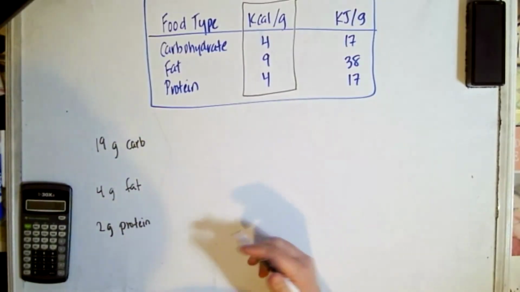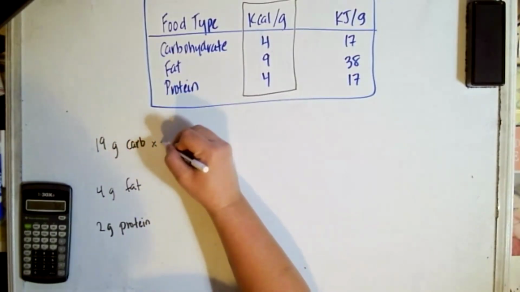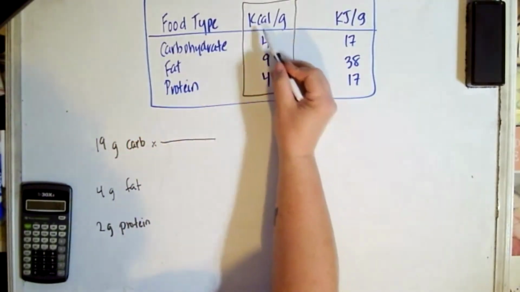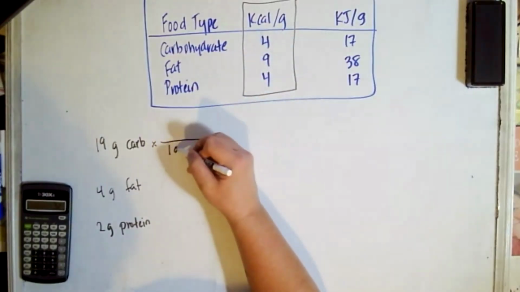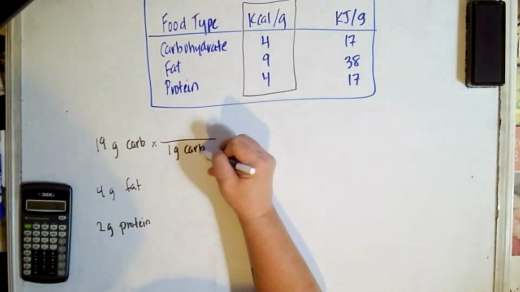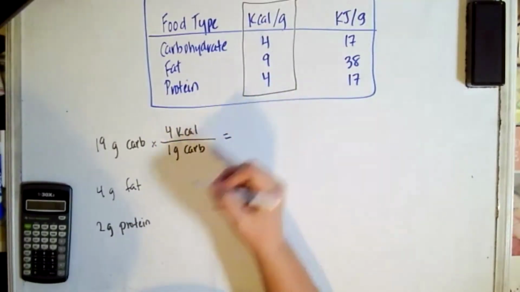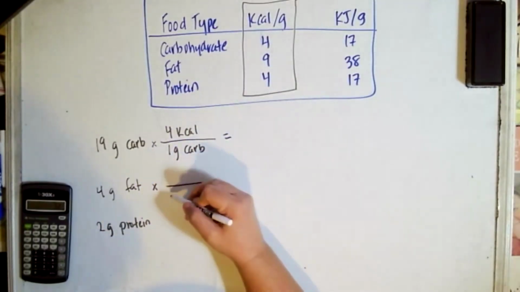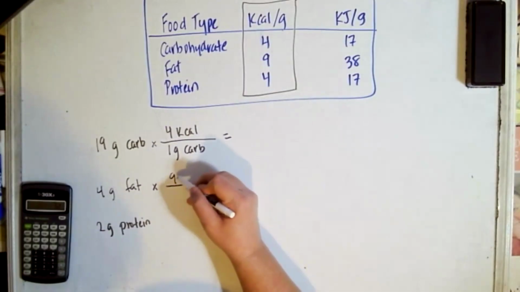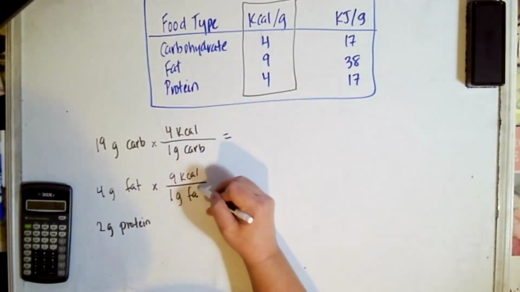Okay, so we're going to go through the same process now. We go to our carbohydrates and we say, okay, from our table, we know that there's going to be 4 kilocalories for every 1 gram of carbohydrates. For our fats, we know that there's going to be 9 kilocalories for every 1 gram of fat.